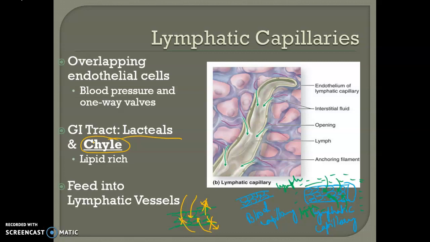Now, in the picture on the right hand side, you do see a lymphatic capillary, and you also see the overlapping endothelial cells as shown in green.